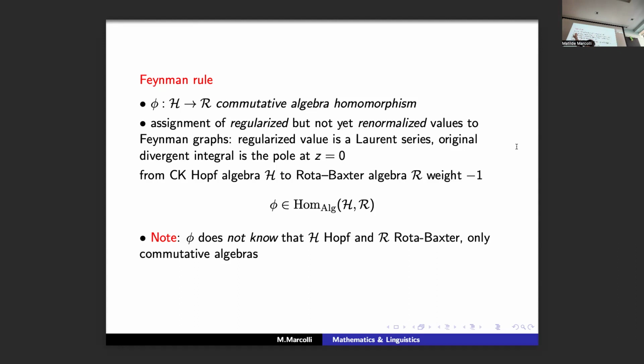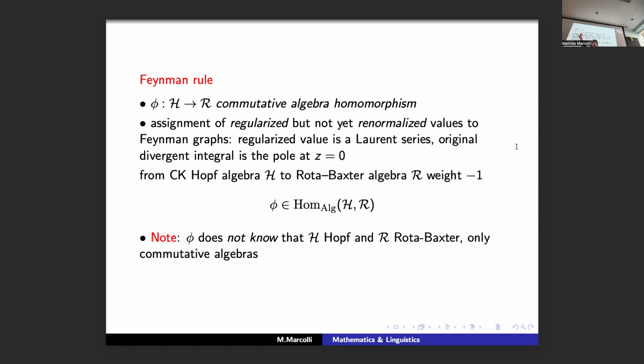The Hopf algebra structure is entirely on the combinatorial side, which is the one that takes care of the combinatorics of the Feynman graphs. This other side is only where your integrals take values. And this by itself does not have to know anything about the Hopf algebra structure. In general, it's never a Hopf algebra.